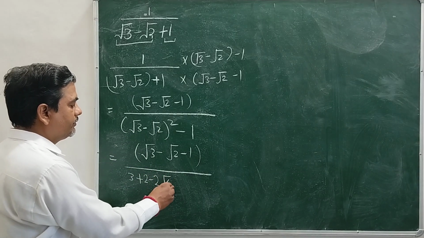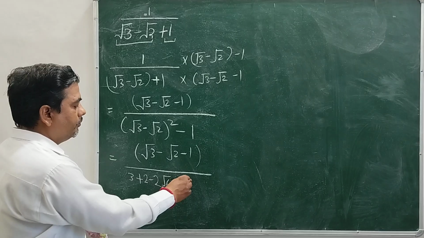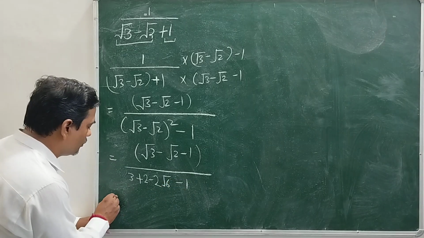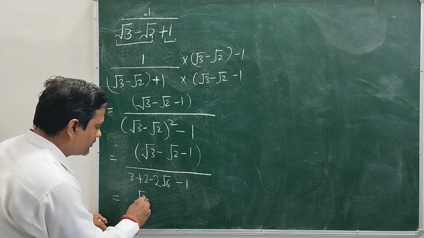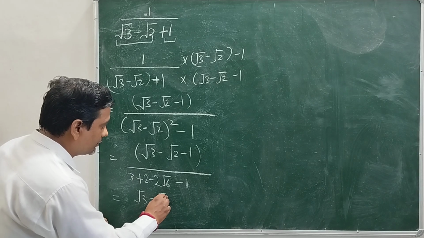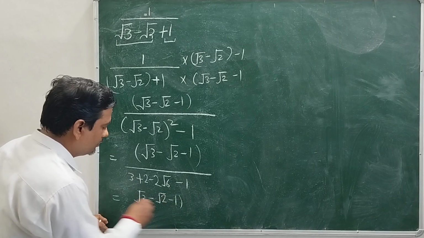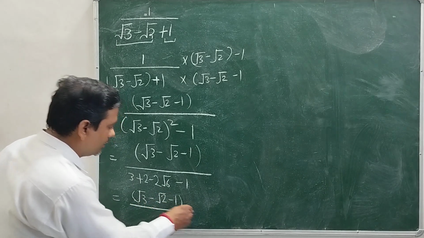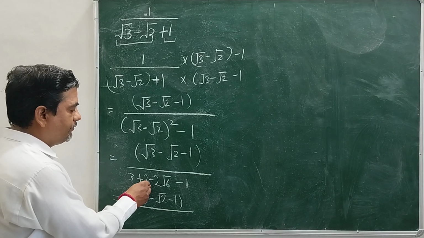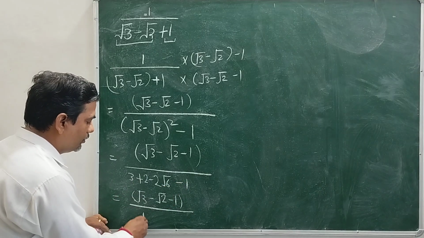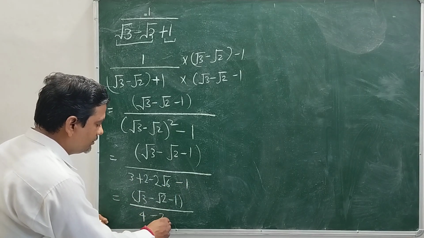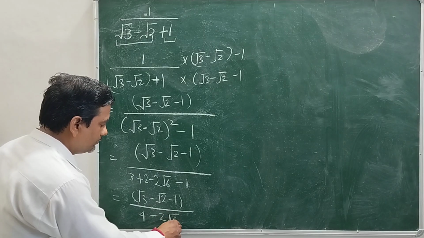So we'll write root 6. And now here is what? Minus. Now go for the next step for simplification. Root 3, root 2 minus 1. Now here in the denominator 3 plus 2 is 5 and 5 minus 1, that is 4. So 4 minus 2 root 6.